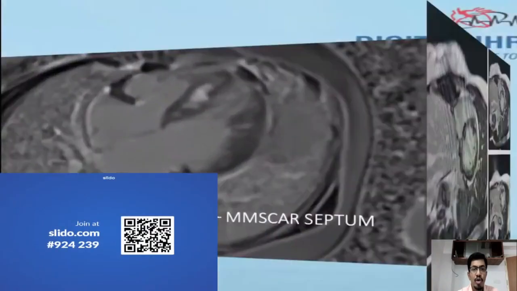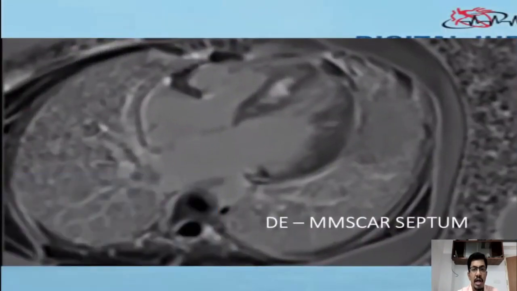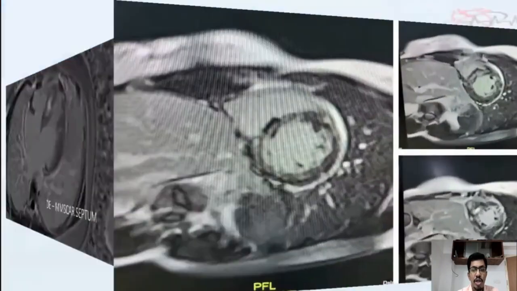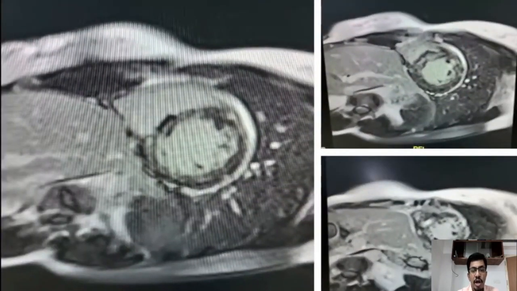Now, if you look at the classical deposition here, there is a hint that it seems like that of an HCM. In fact, we were also a little stumped. But here the septum is not asymmetric. It's a concentric hypertrophy.